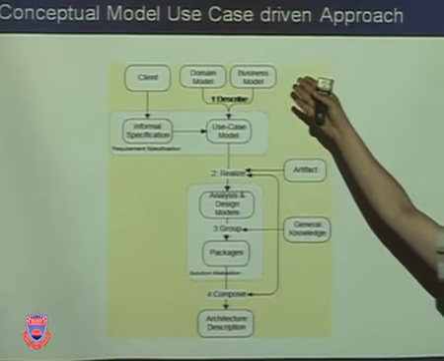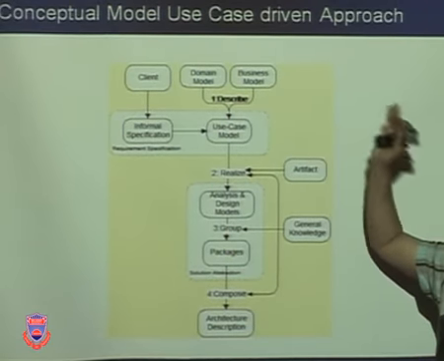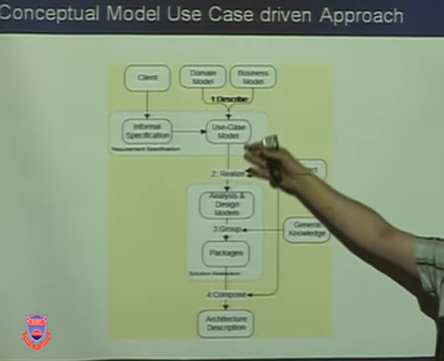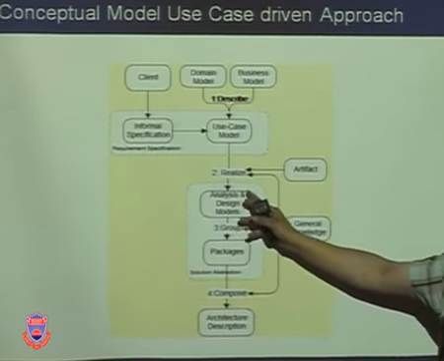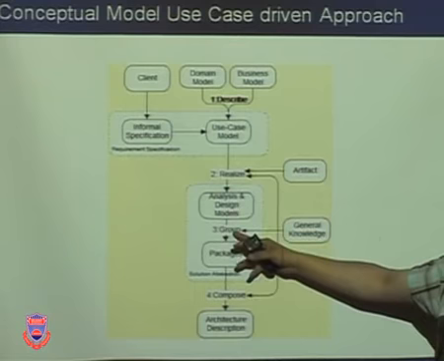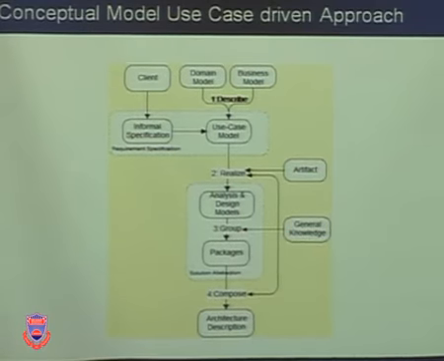It's not like the domain-driven approach as we know. Based on that, we follow with analysis design models. We identify the artifacts. Then we group these artifacts into packages, and the relationships between these packages are called the architectural description.